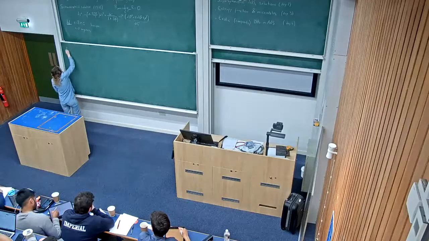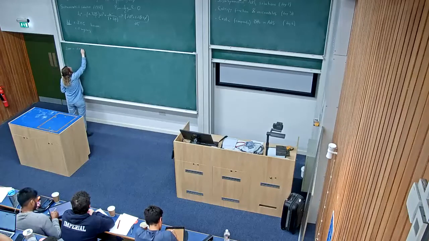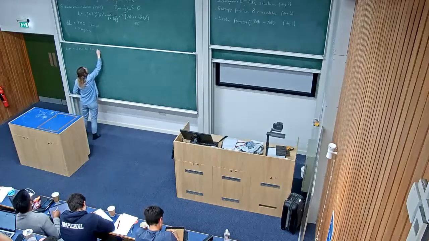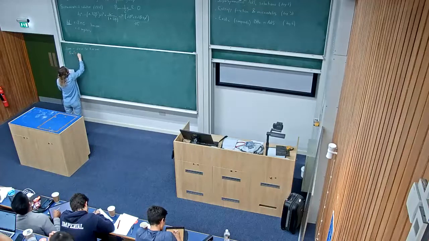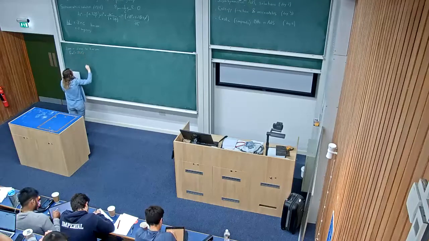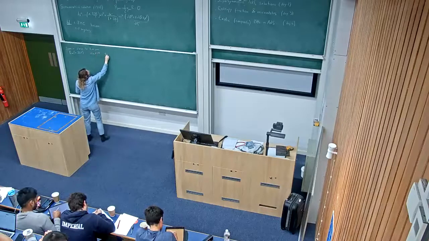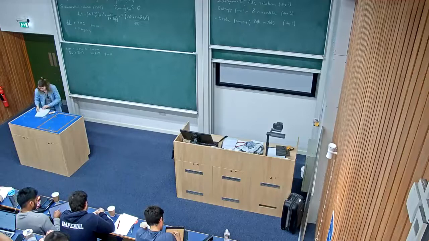So if you zoom in close to the horizon, meaning that we can define a parameter xi which is r minus 2gm in such a way that when r goes to 2mg, xi goes to 0, we get exactly a metric of this form.